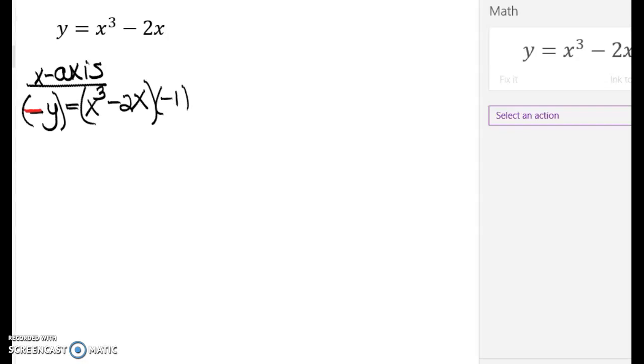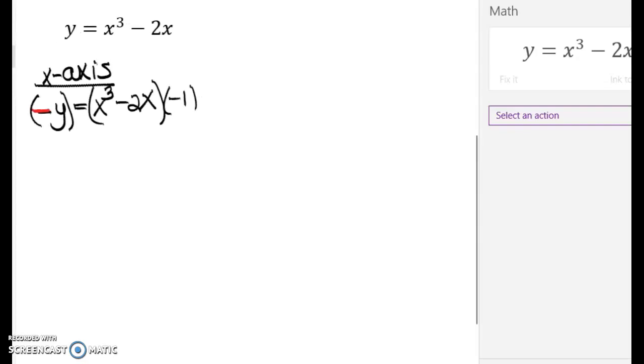So that left-hand side is going to become a positive y. The right-hand side is now negative x cubed plus 2x. So we definitely did not end up at the original, so it does not have x-axis symmetry.